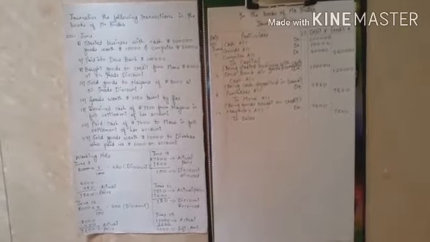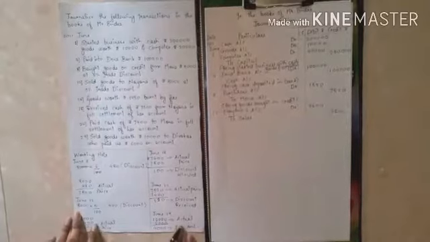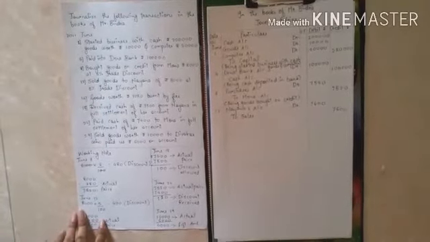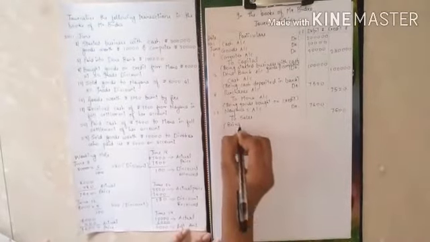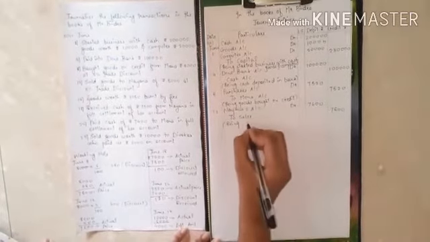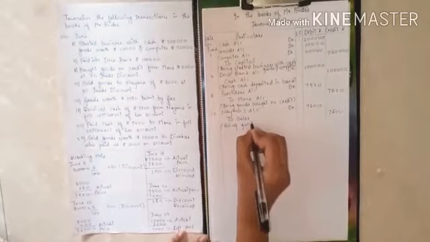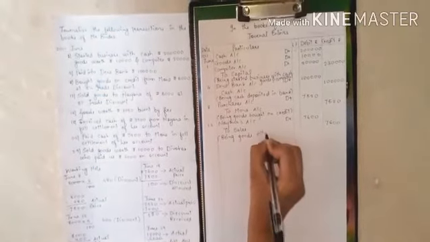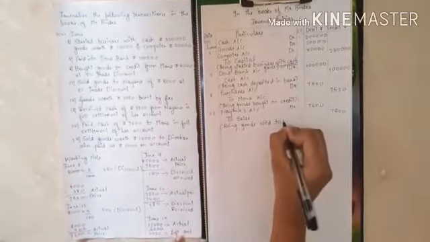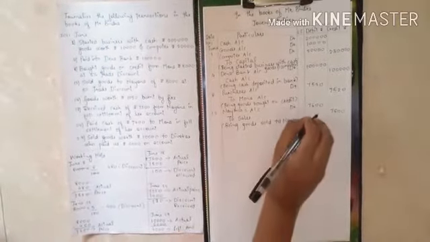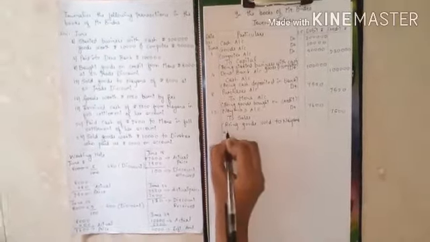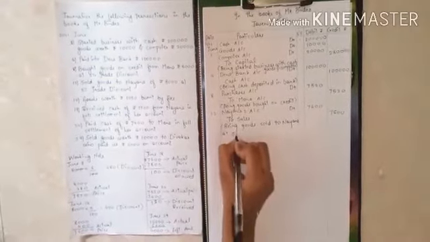Next, sold goods to Naina of rupees 8,000 at 5% trade discount. Now here what will be the narration? Being goods sold to Naina, 5% trade discount.